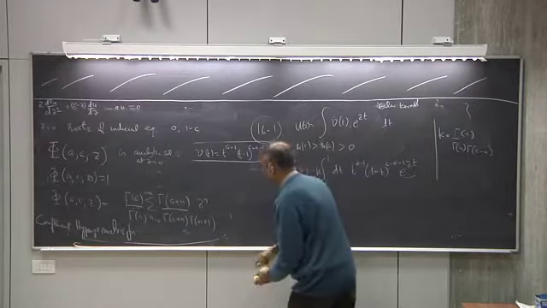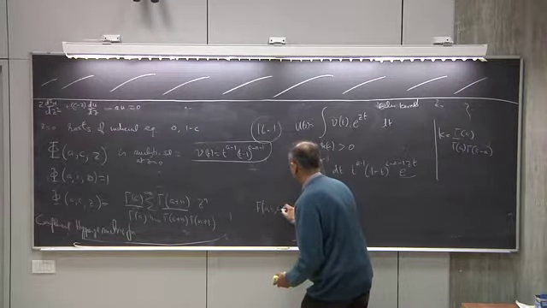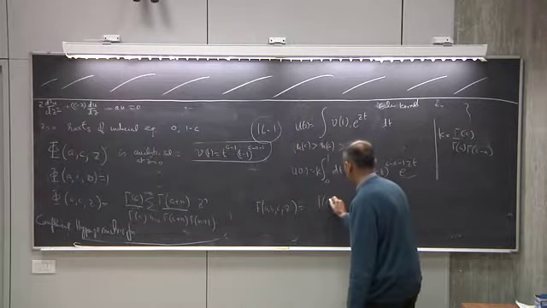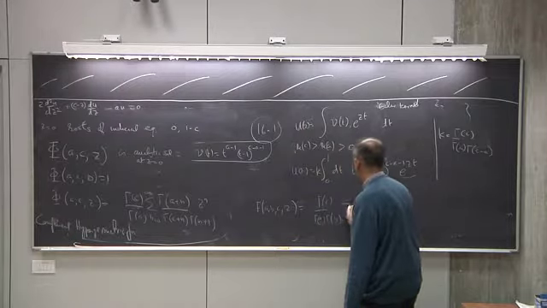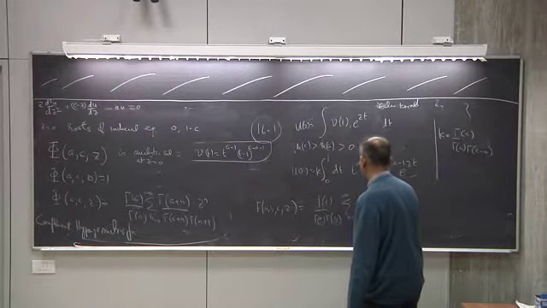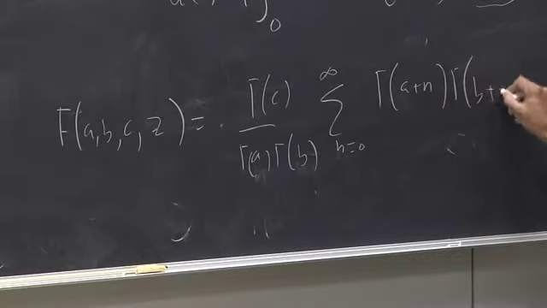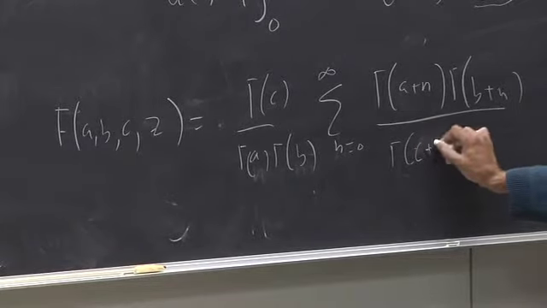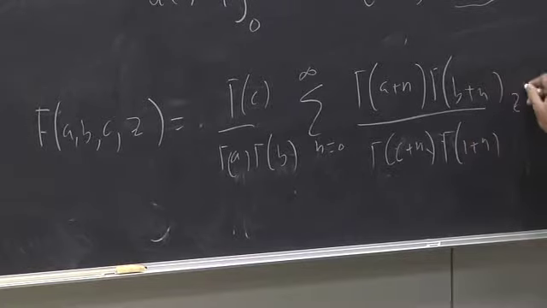So remember, we had F(a, b, c; z) equal to gamma(c) divided by gamma(a), gamma(b), summed n equal to 0 to infinity, gamma(a plus n), gamma(b plus n) over gamma(c plus n), gamma(1 plus n), z to the n.